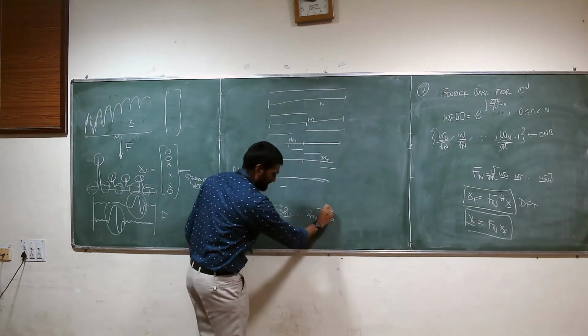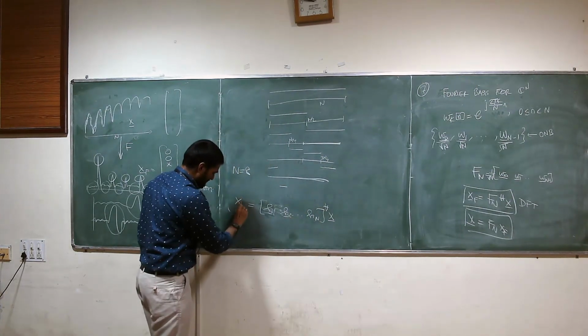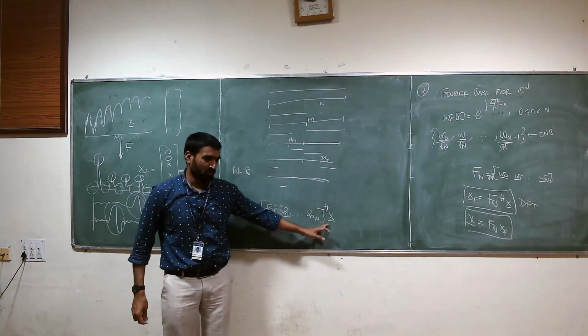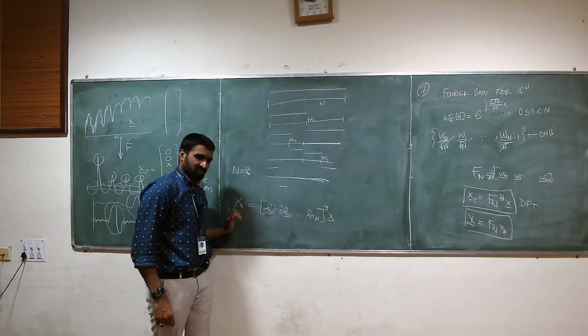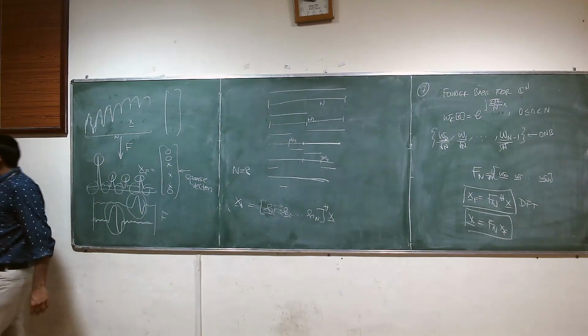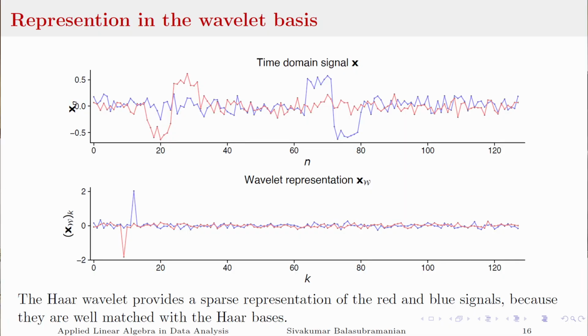If you take the summation of the coefficients times the basis vectors H1, H2, up to Hn, you get the corresponding representation of your signal in the Haar basis. Now, the signal that I showed you earlier, where the Fourier basis did not work very well, let's say we take the red signal, and then I do the Haar decomposition.